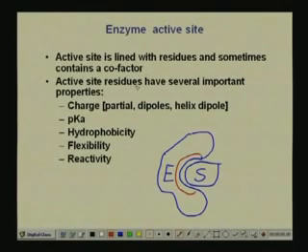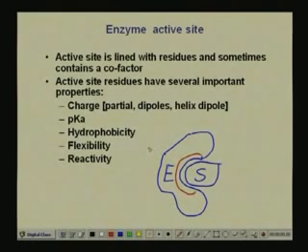The active site residues have several important properties. Now, this is what we have to be particularly careful about. So, the residues that are in the active site of enzymes have specific charges. So, the charges could be partial, you could have dipoles, you could have a helix dipole, because we have to remember that the specificity of an enzyme is the reactant that is coming to act on the enzyme.